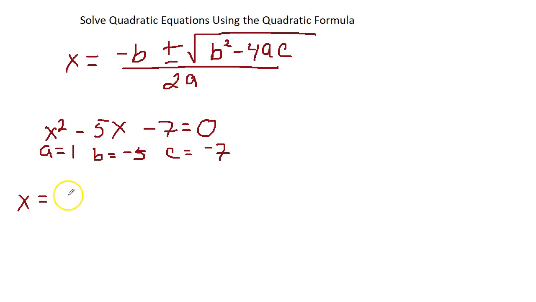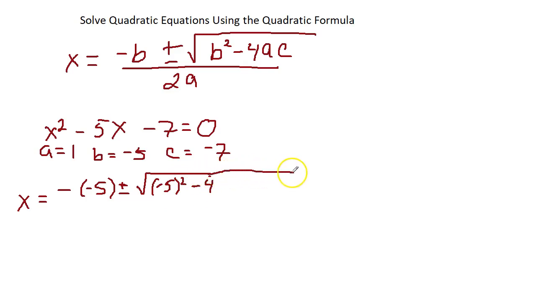So x equals negative from the formula, B is negative 5, plus or minus square root b squared, so negative 5 squared, minus 4 times a, which is 1, times c, negative 7, all over 2 times a, which is 1.